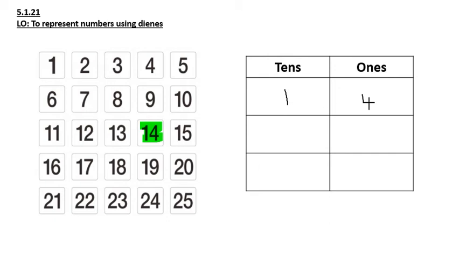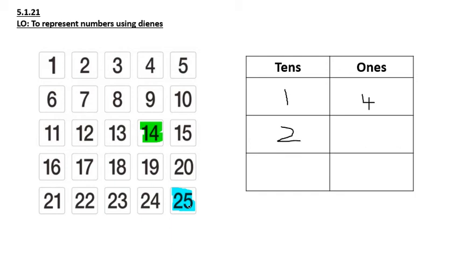Let's do a different number. Let's do the number 25. Highlight it first so I know that I'm going to be looking at that number. So 25, if I look at the first number on the left, I have a 2. So this shows me how many tens I have in this number. So in 25 I've got 2 tens, so I'm going to put 2 in my 10 section.